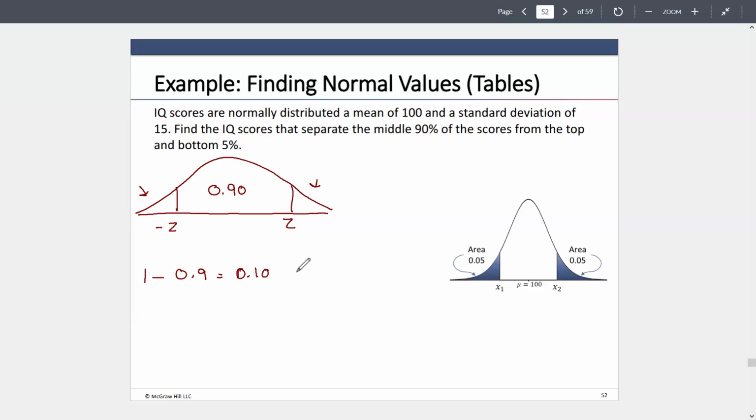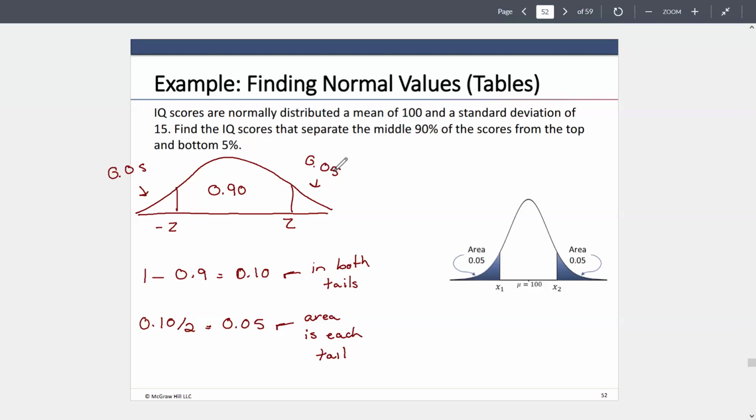That's going to belong in the tails. If I split that evenly between the tails, then we're going to get 5% or 0.05. So this is the area in each tail. We know that here is 0.05 and here is 0.05.